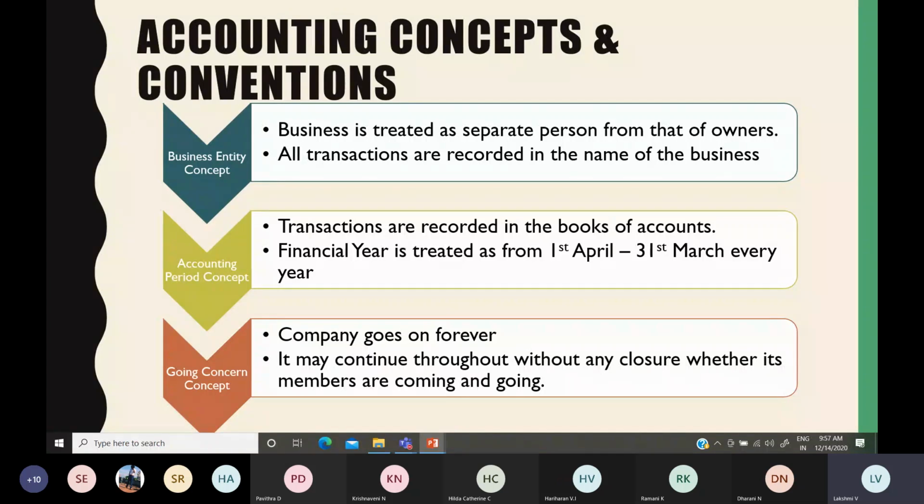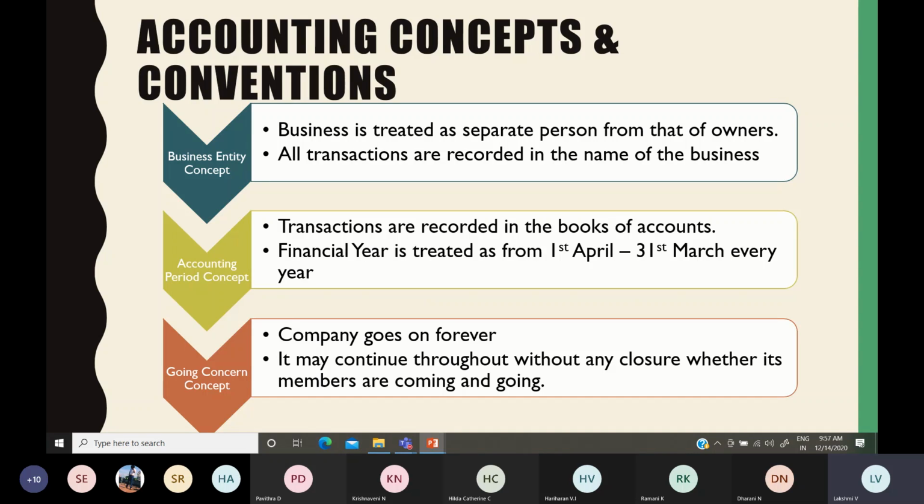Say if I am investing 10 lakhs and starting a business with the 10 lakhs, and I take 1 lakh for my personal use, for my family, then that 1 lakh also will be treated as drawings only. Everything will be recorded from the point of view of the business only.